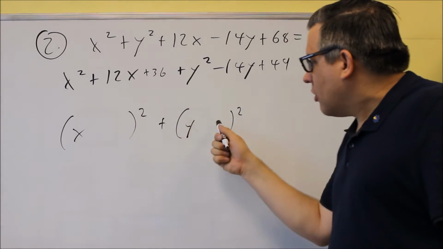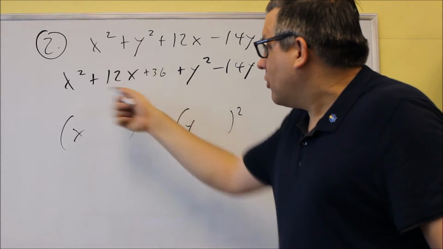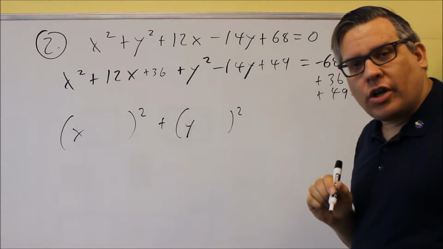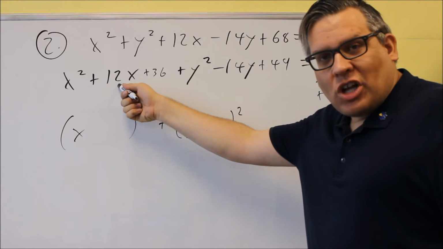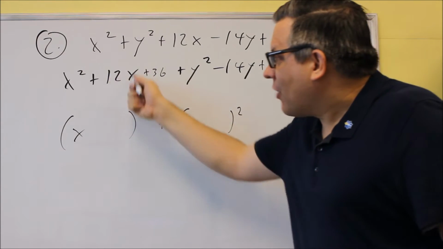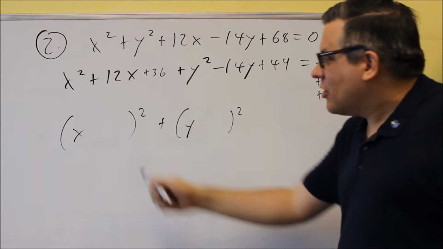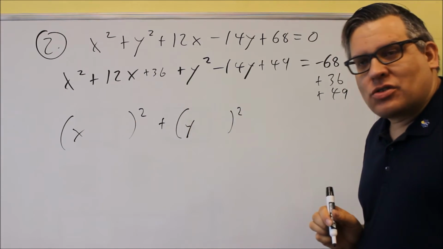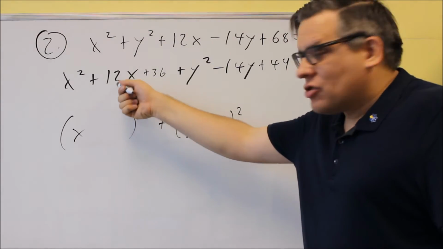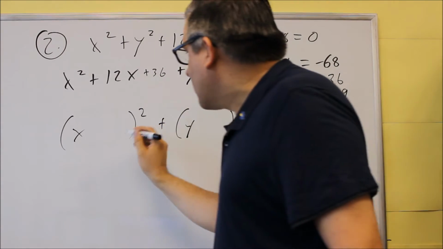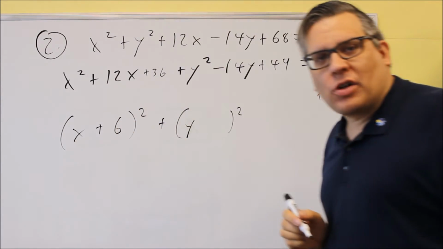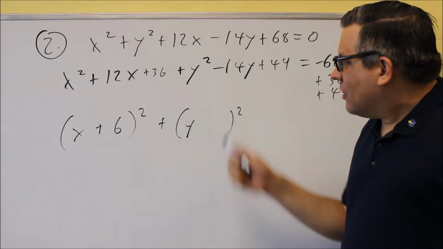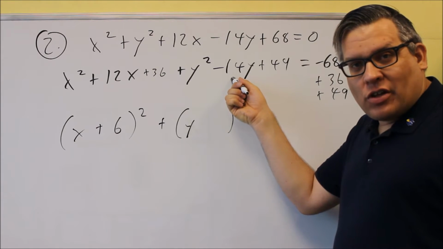And so you have x with something quantity squared, y with something quantity squared. Now the number that goes inside here, you could factor this the normal way, but the shortcut way is the first step of the complete the square, we took half of that number. That's the number that's going to go inside the parentheses here. So if I take 12, divide by 2, I get 6, which means there'll be a plus 6 that'll go inside there. If I take negative 14, half of that is negative 7.